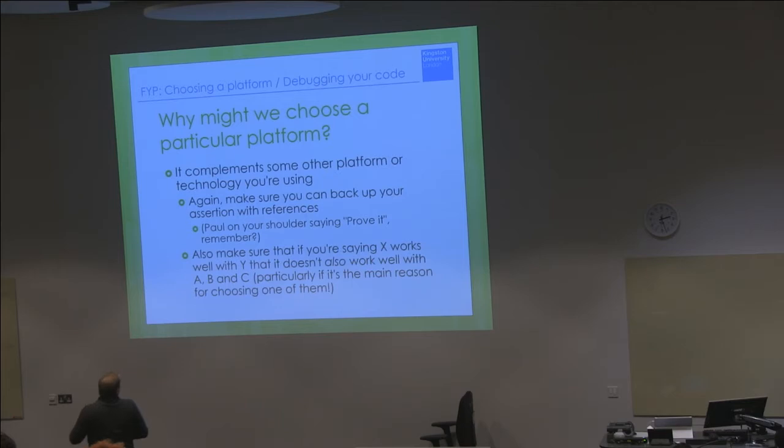You might choose a platform because it complements another bit of technology you're using. But make sure you can back up that assertion with references. I'm sitting on your shoulder saying prove it. Alright?